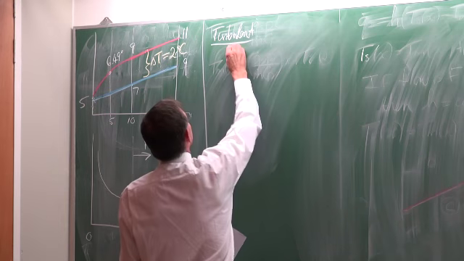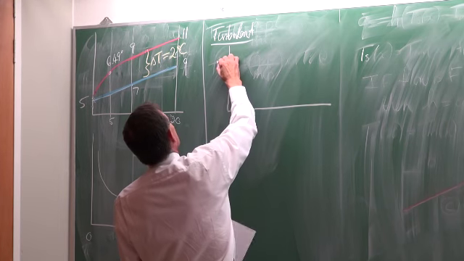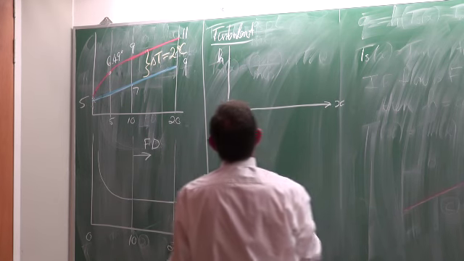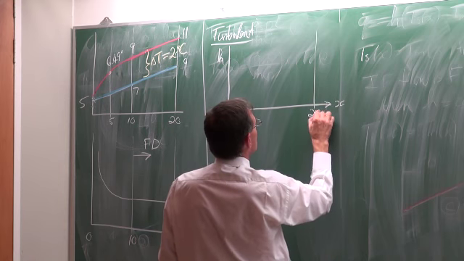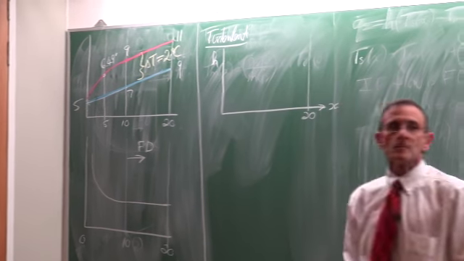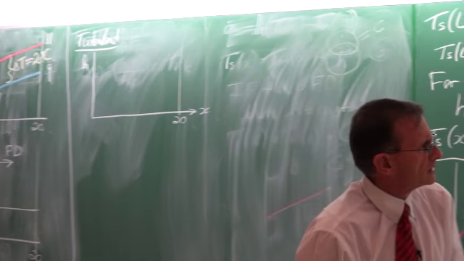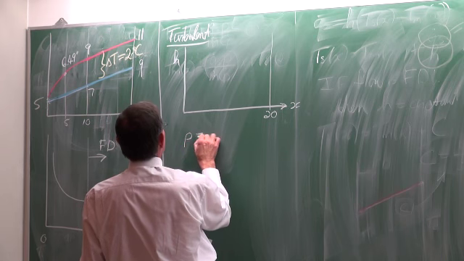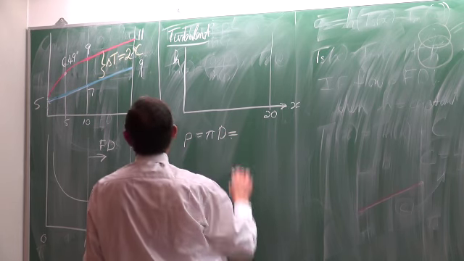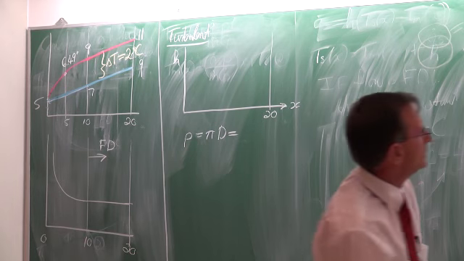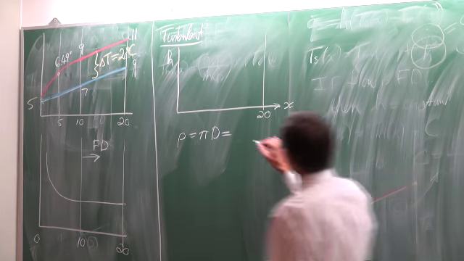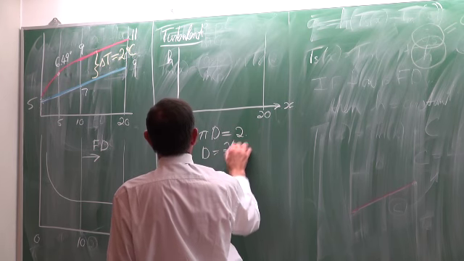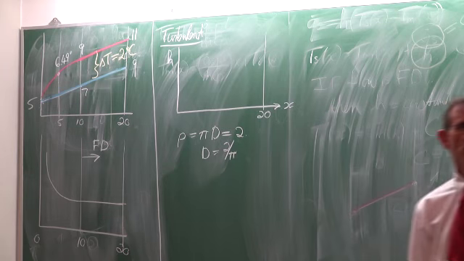If the flow would be turbulent, we would know that that is the heat transfer coefficient as a function of x, and that is 20 meters. And P was equal to pi multiplied by the diameter, and that was equal to 2. So the diameter should be equal to 2 times 2 divided by pi. You agree?